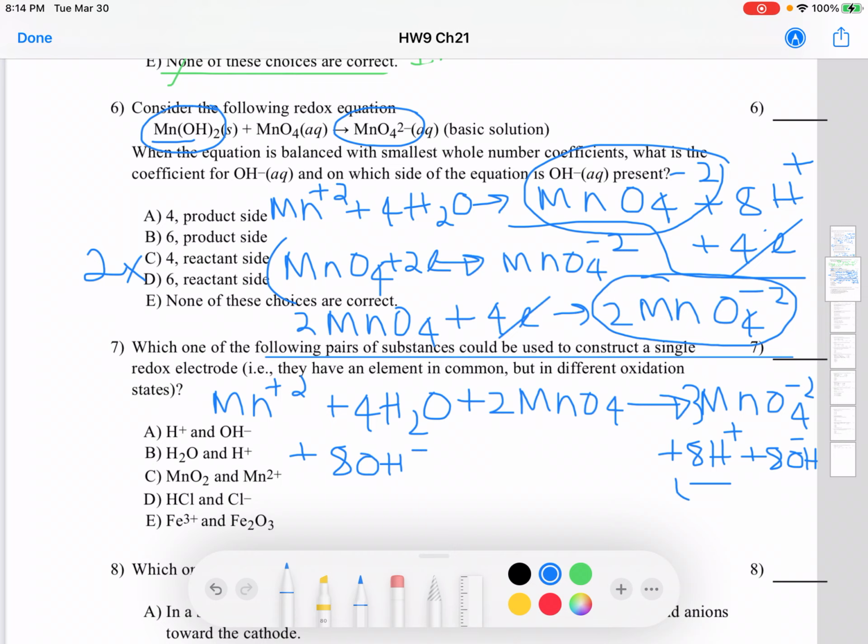So 8H plus and 8OH here makes 8 water molecules. Then the right side you have 8 water molecules, left side you have 4. So then you can get rid of this 4 and make this 8 minus 4 is 4. So that will make it 4 water molecules.